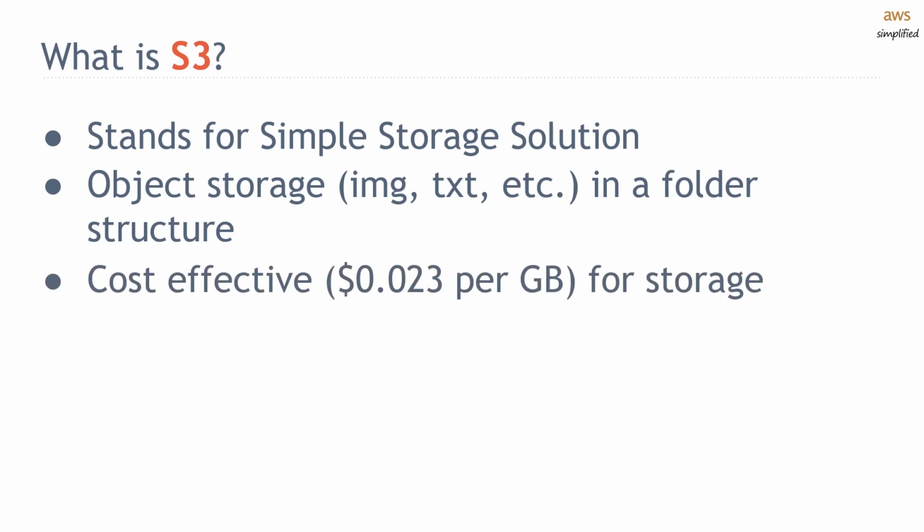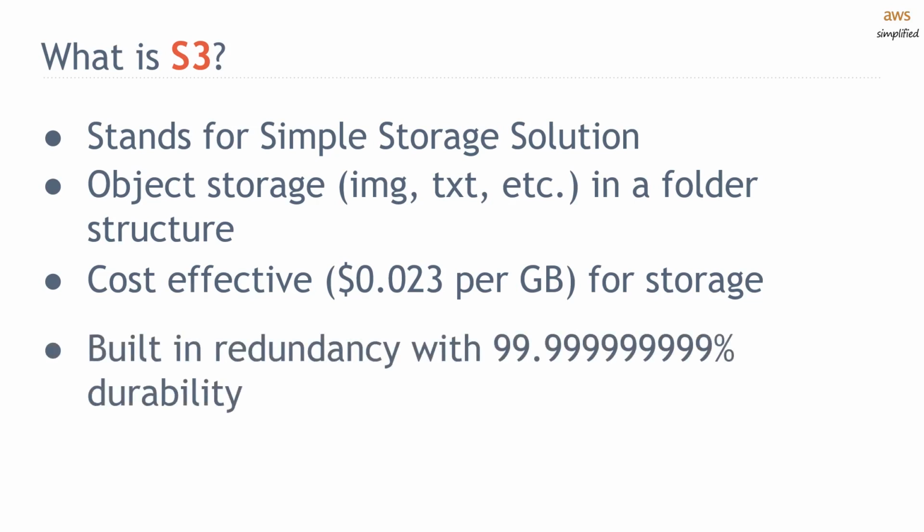And thirdly, it's extremely cost effective. It's only 0.023 cents per GB of storage, and the cost actually decreases the more that you store on S3. Keep in mind that there's access costs as well. For every GET request, every scan that you do, there's going to be additional costs, but they're fairly low.